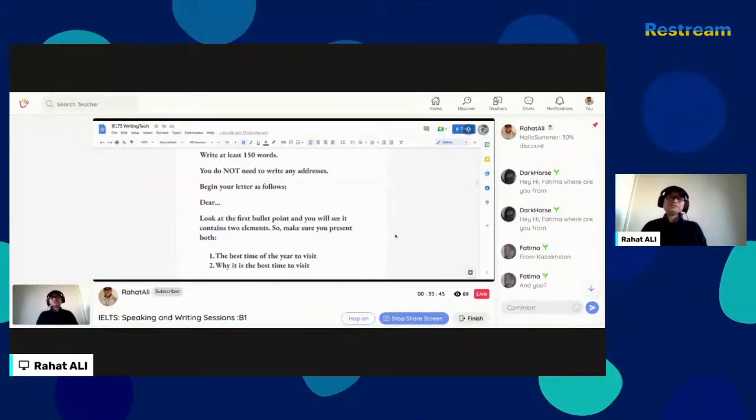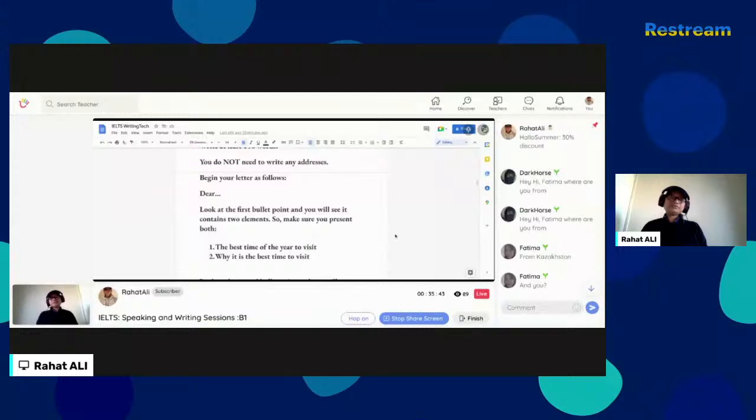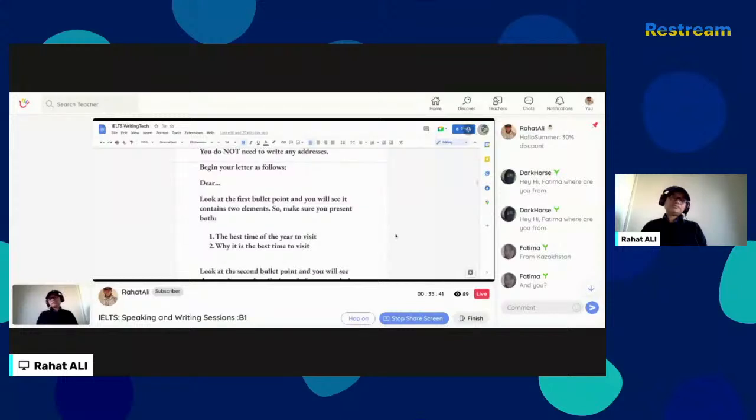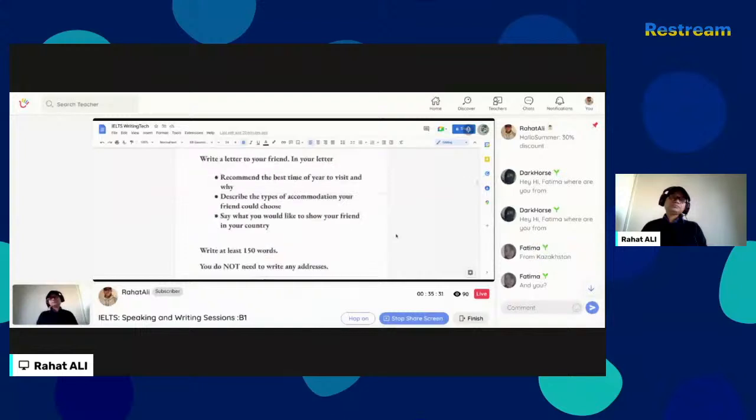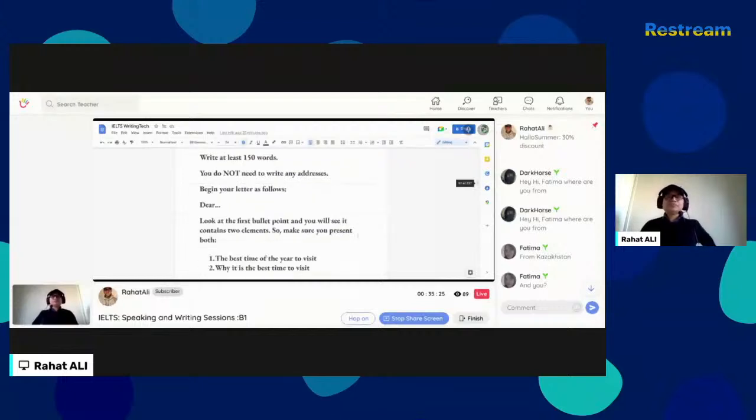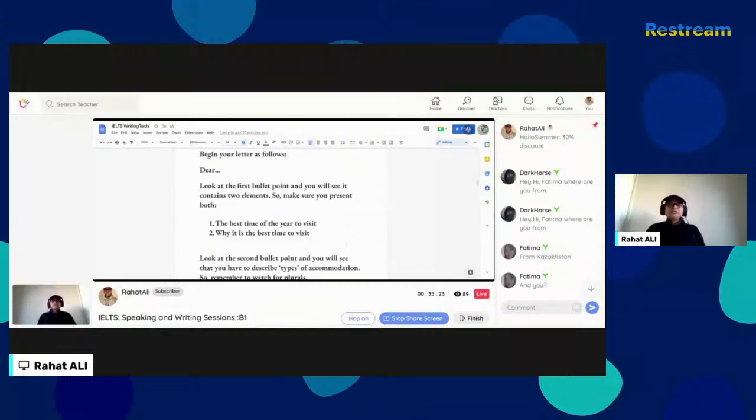Look at the first bullet point and you'll see that it contains 2 elements. Make sure you present them both. The best time of year to visit. Why it is the best time to visit. So that's the first question you have to answer.